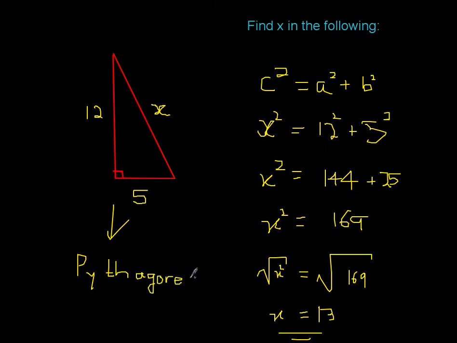These triads have whole number values. They don't have a surd, because 169 is a perfect square, and its square root is 13, which is a whole number. So therefore these numbers would be a Pythagorean triad.